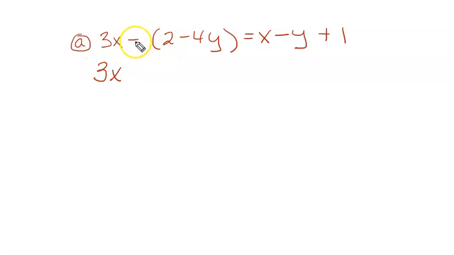Now, when there's a negative out in front of a parenthesis, the protocol is just remove the parenthesis and change each of the signs, or in a sense, multiply through by a -1. So this becomes a -2x, a positive 4y equals x minus y plus 1.